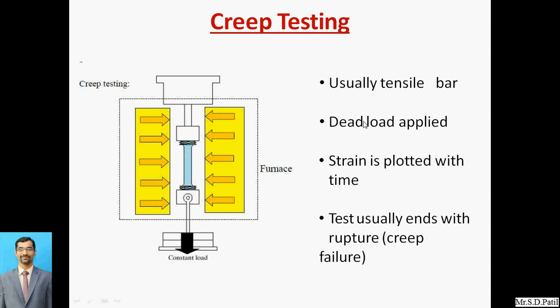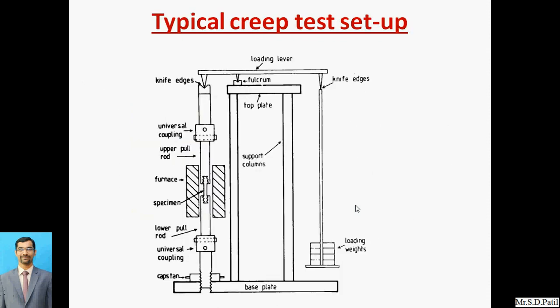Usually we take a tensile bar, similar to a tensile test arrangement. Then dead loads are applied, strain is plotted with time, and the test usually ends with rupture, that is the creep failure. The temperature is increasing and the component fails. That is called creep rupture.